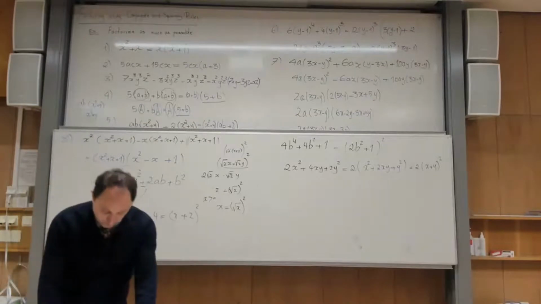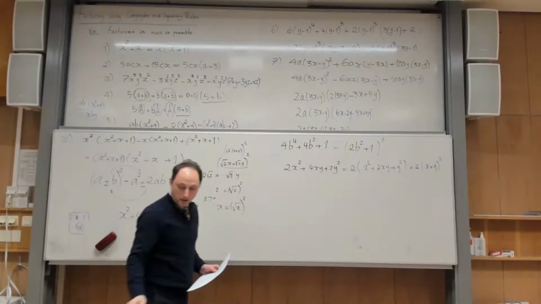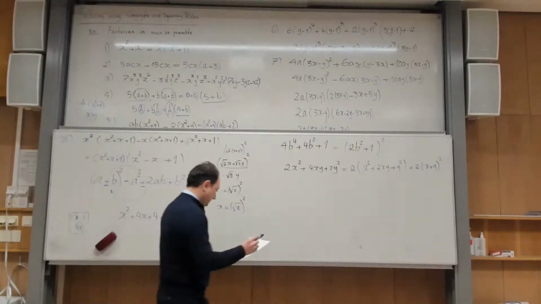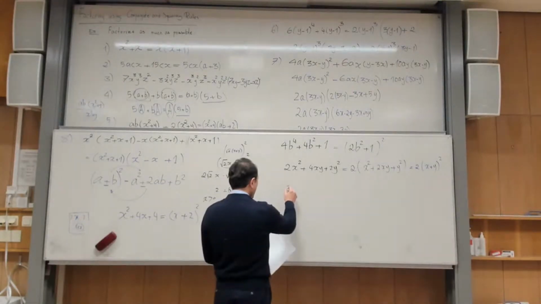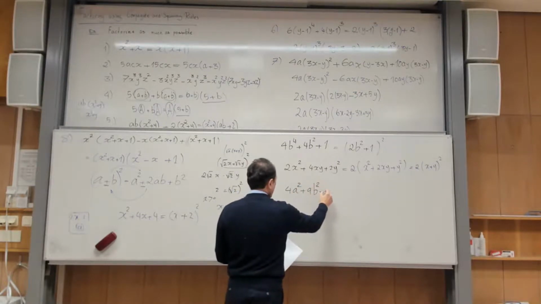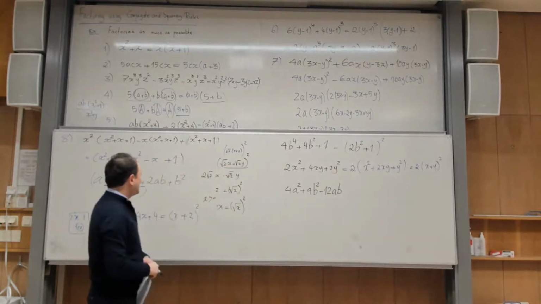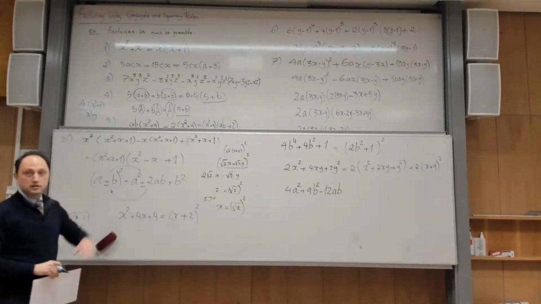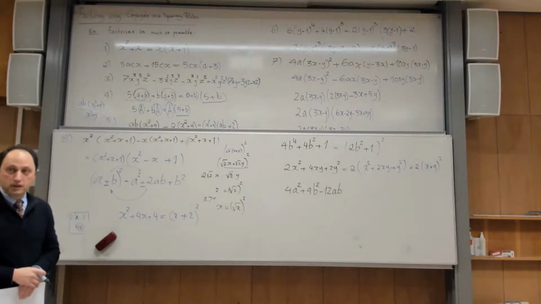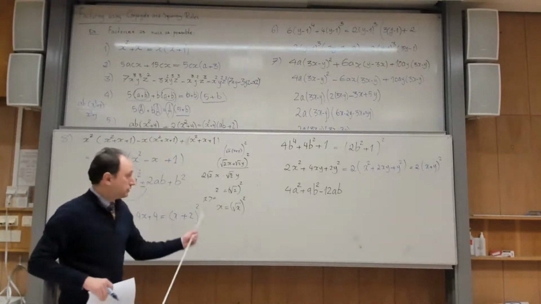What about this one, for example? Can you factorize this? Let me see how many of you actually listened here. So 4a squared plus 9b squared minus 12ab. Do you somehow detect this pattern in that? Yes? So why should I think about this pattern?